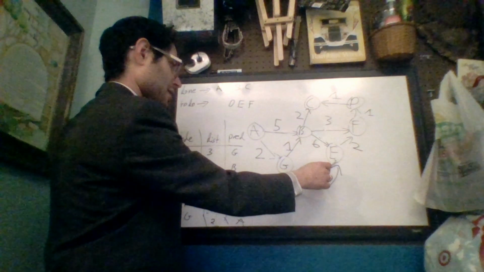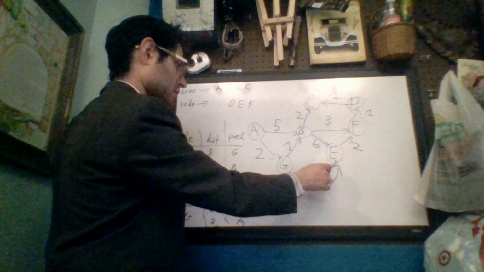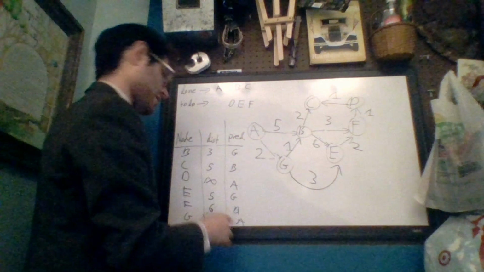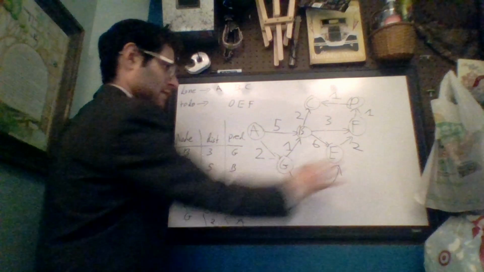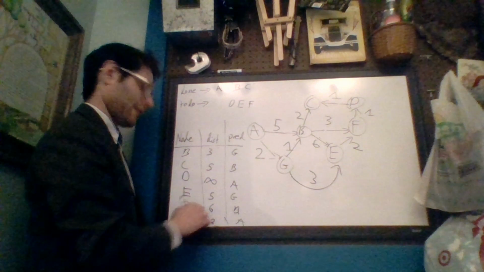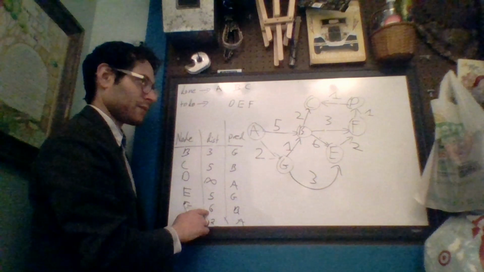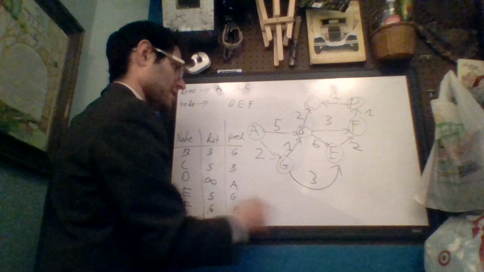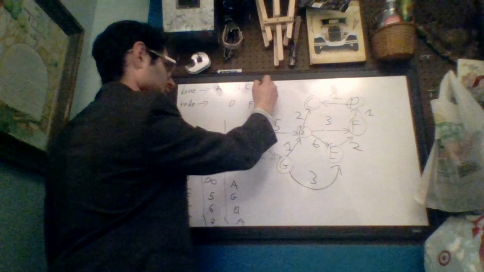E to F has a cost of 7, right? 5 to get to E, plus the 2 to get to F. And that's 7. Now that's greater than the value we currently have for F, so we let it be. We don't change anything. And so now we're done with E.